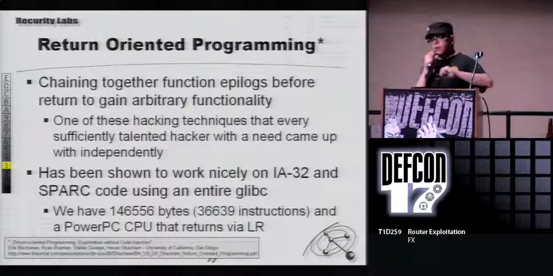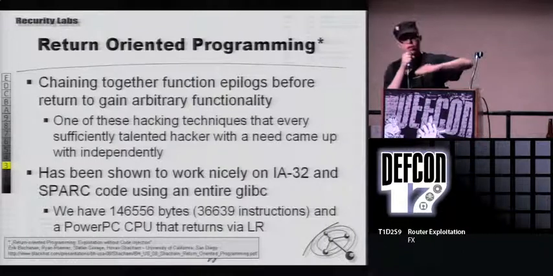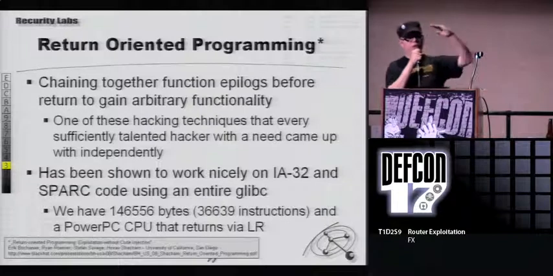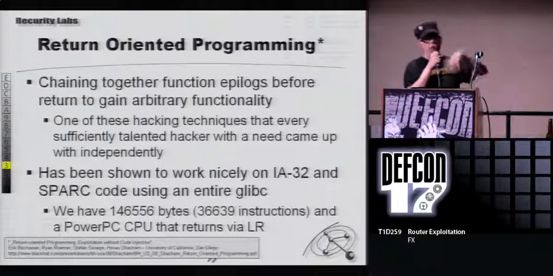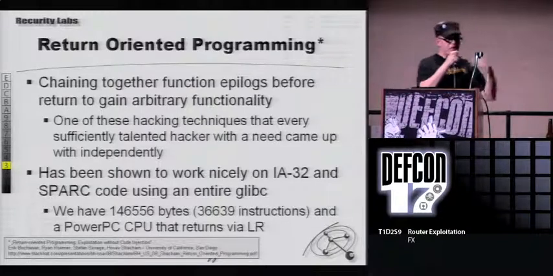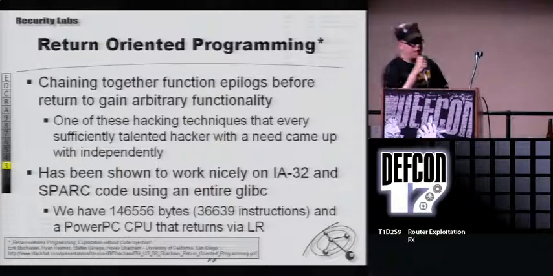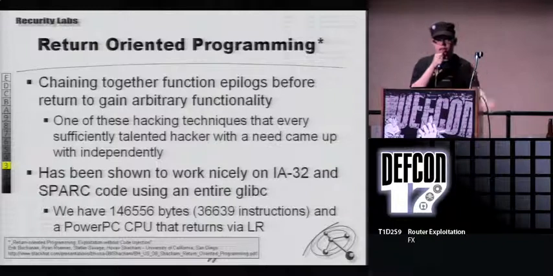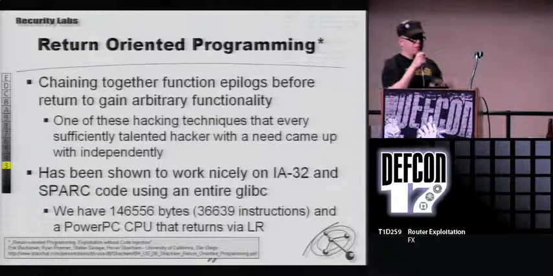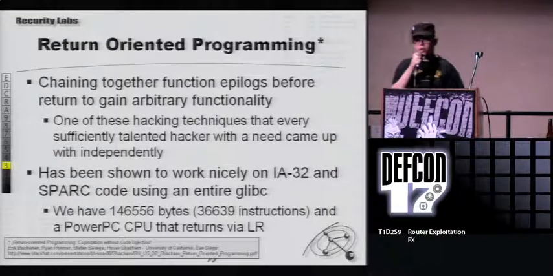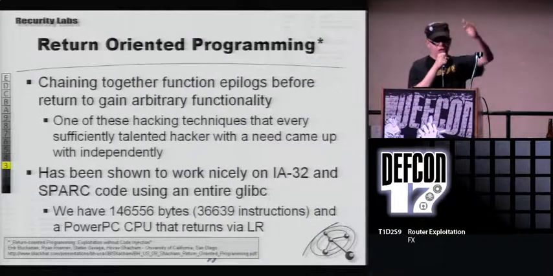So essentially what you do is, when a function returns, it actually restores the stack, right? And then it returns to whoever called it. Now this is common to pretty much all functions. Since you are controlling the stack, since you're writing there, if you have a stack-based buffer overflow, you don't provide just one return address, but you actually provide many return addresses.